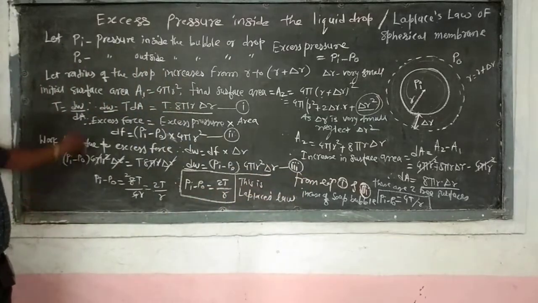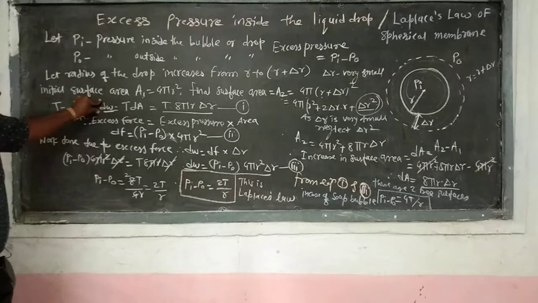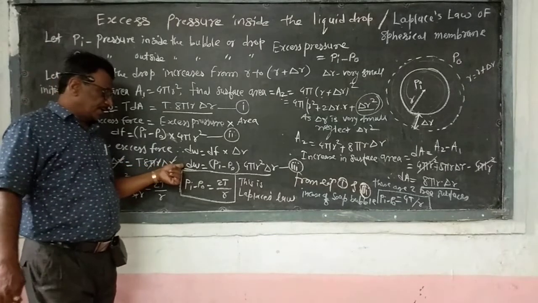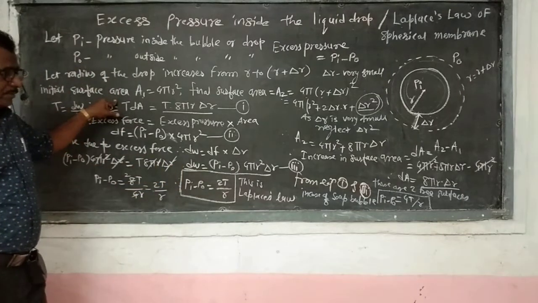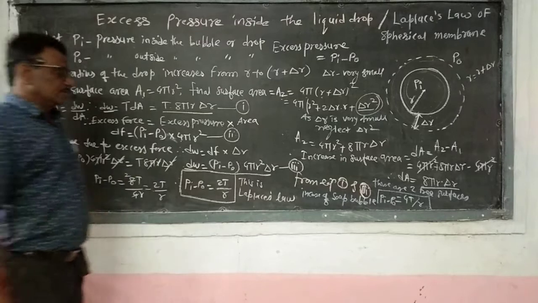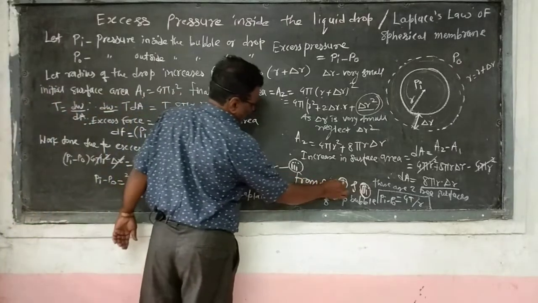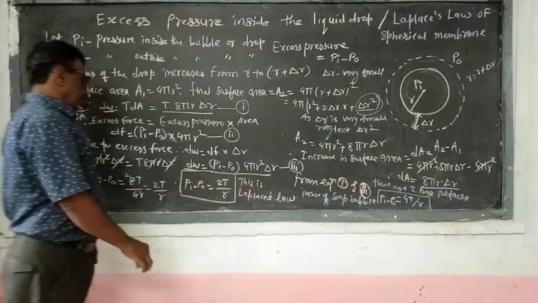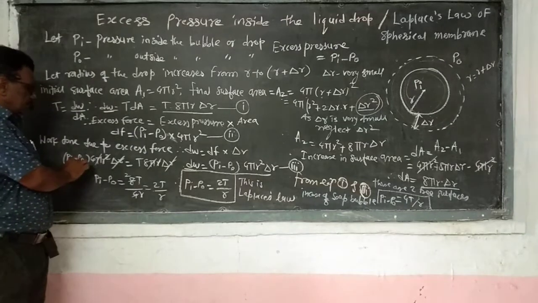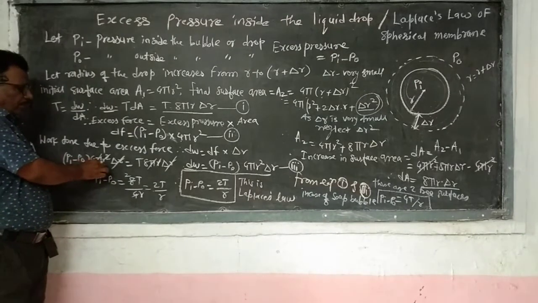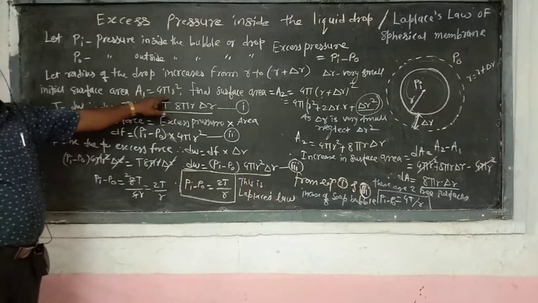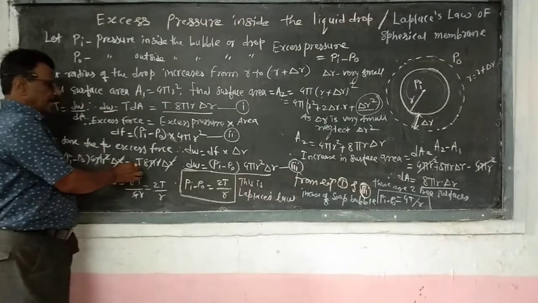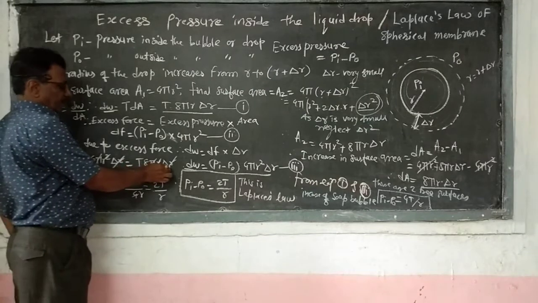Now from equation number 1, the left hand side is dW, and from equation number 3, the left hand side is also dW. So comparing equations 1 and 3, we get (Pi minus P0) into 4 pi r square delta r is equal to T into 8 pi r delta r.